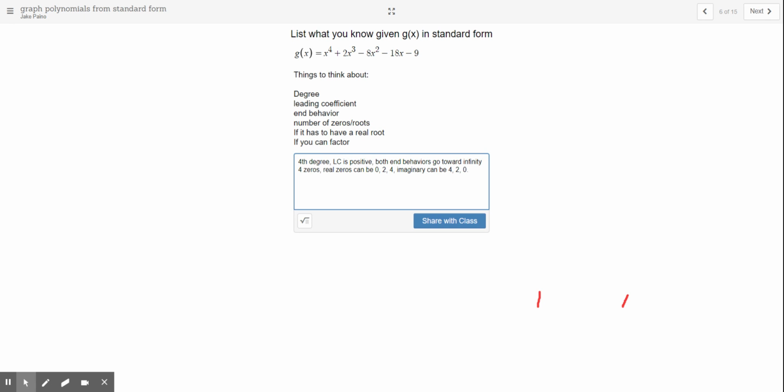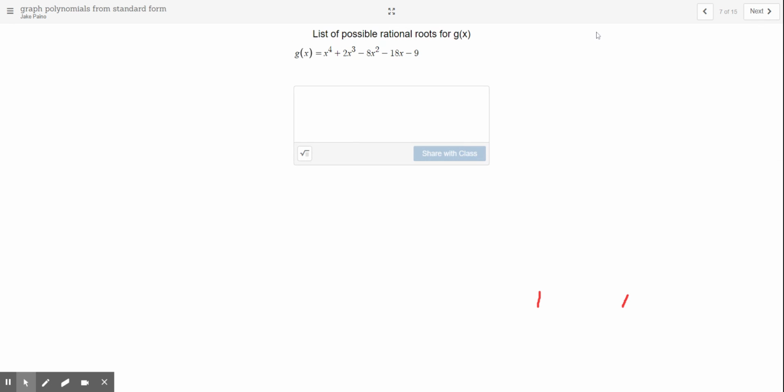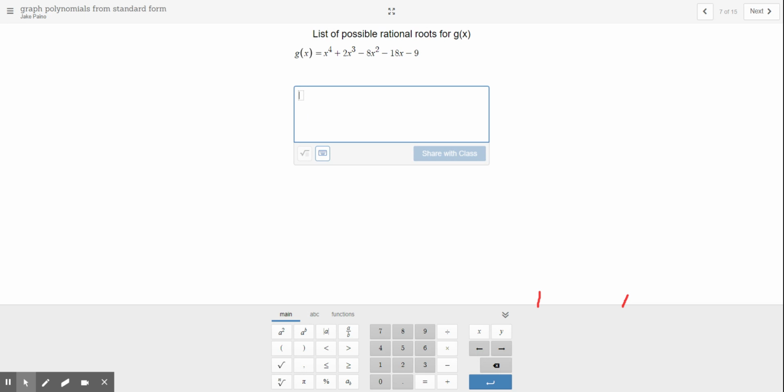Can I factor this? Same as last time, it has a 9, so I need to check with the rational root theorem to see if it is factorable. That means I'm going to have to list my P over Q's right here, plus or minus.